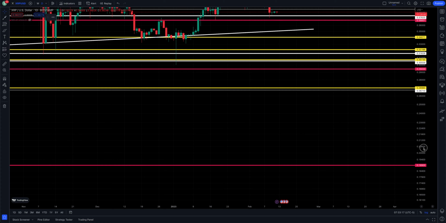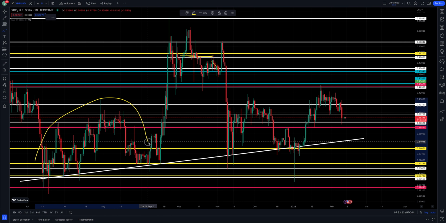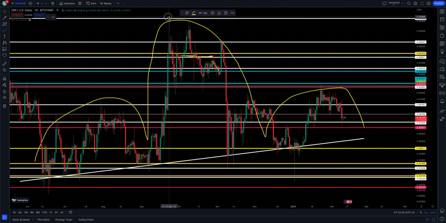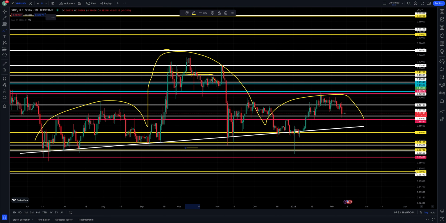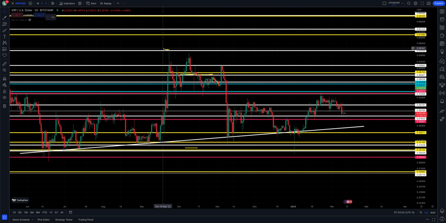And I believe that was from this massive topping pattern here. That was the projection to the downside, taking basically the depth of this head area, projecting it to the downside, gives us roughly an 18-cent XRP. So we've seen crazy sell-offs in this market.